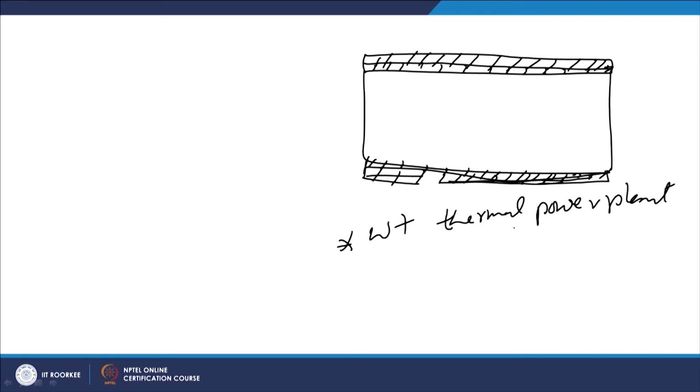The second case is automobiles, where weight is important but not as important as in aircraft and spacecraft. For automobiles, TBC coatings in the cylinders help to increase the thermal efficiency of the engines, which in turn helps in increasing the mileage.